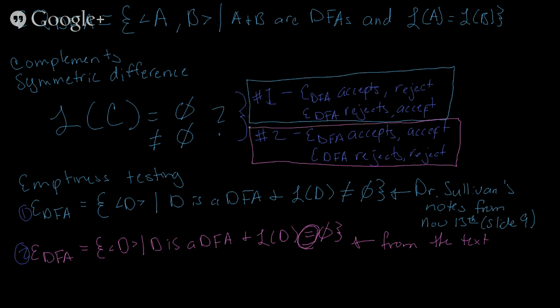If you have any questions about how to do the actual problem itself, again, it's in the book. You should be able to read through it and understand it. If you have any questions, I will answer them at office hours. Just make sure that you make it very clear which of these two you're using. The first one says you're testing to see if D is not empty, and the second one you're testing to see if D is empty. So that's a very distinct difference.